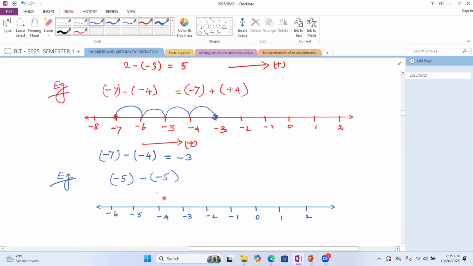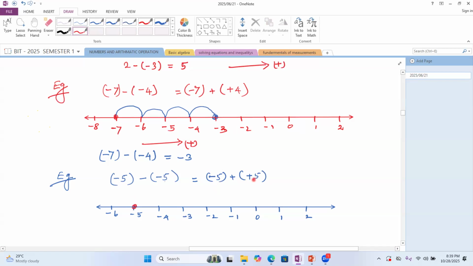Right. Subtracting a negative number is equivalent to adding a positive number. So we start with the first number, negative 5.